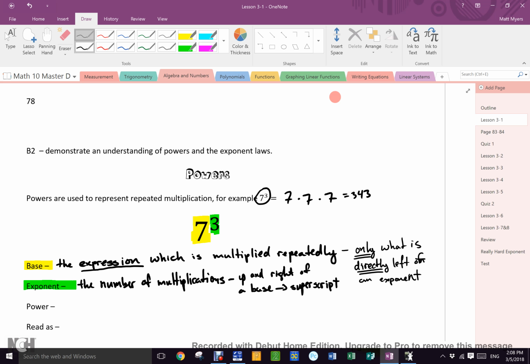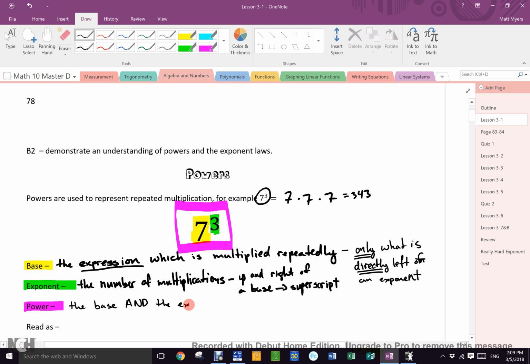All right. Then a power, what's the power? The whole kit and caboodle. A power, eventually, will have a cool purple square around it. And it is the base and the exponent.